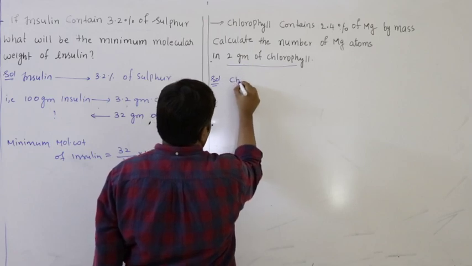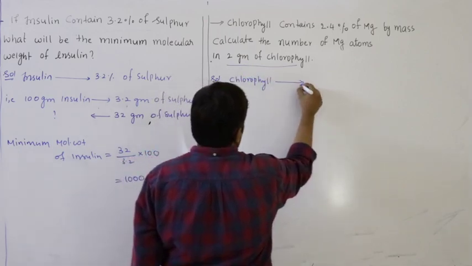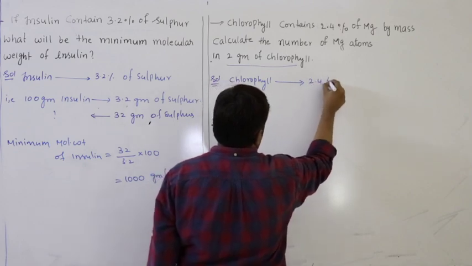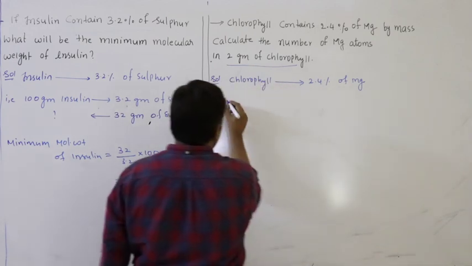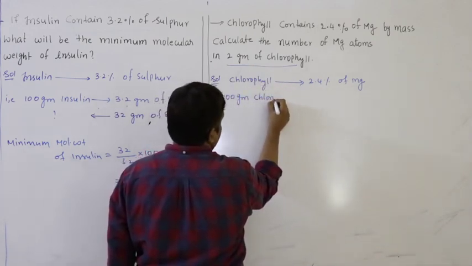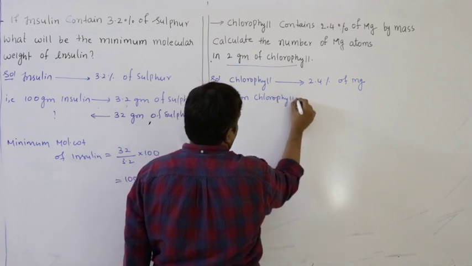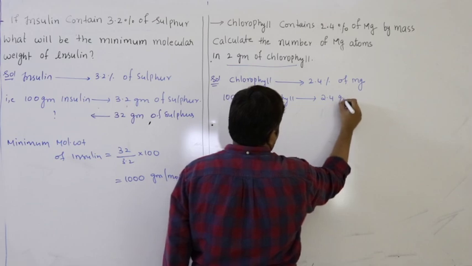Now see here, let us see. So chlorophyll contains, say, 2.4% by mass of magnesium. That means 100 grams of chlorophyll contains 2.4 grams of magnesium.